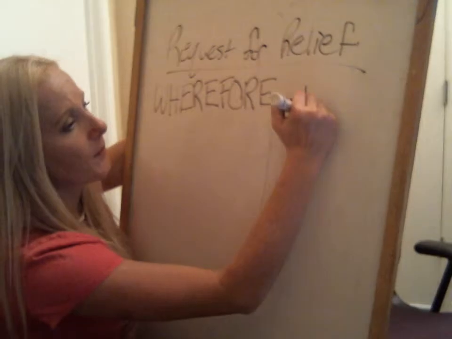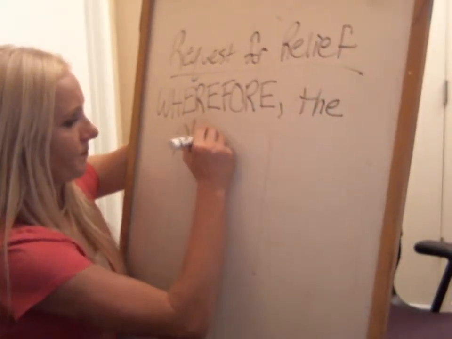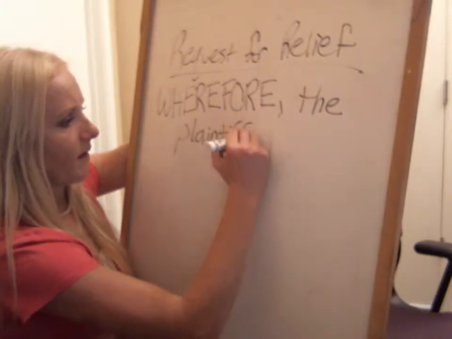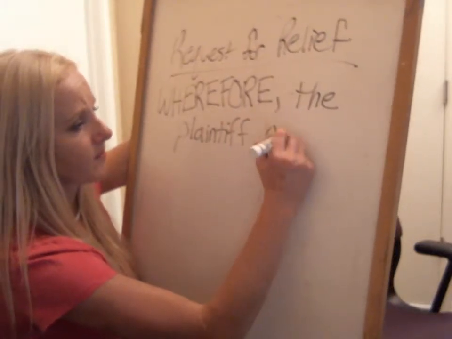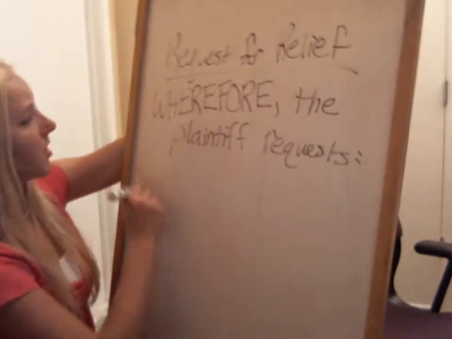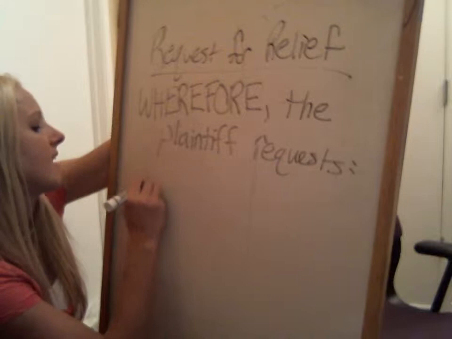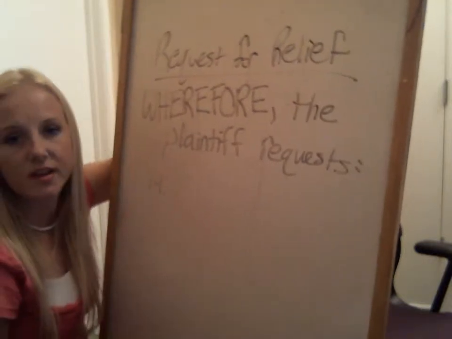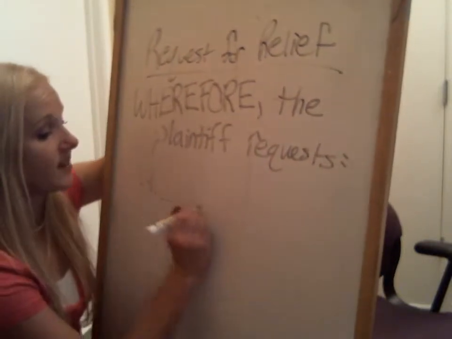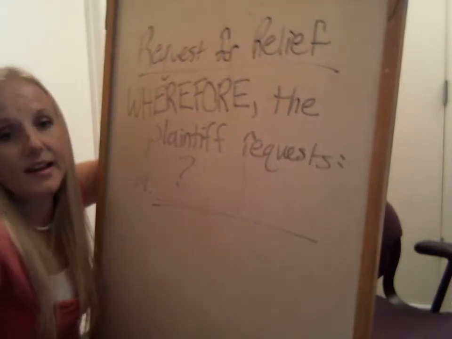Wherefore, the plaintiff requests. And then this is where you're going to put what the plaintiff requests. Let's say that we're at like 19 by now. I'm not sure what the numbering will be on yours. But what is that plaintiff requesting? What does Bradley Smart want?